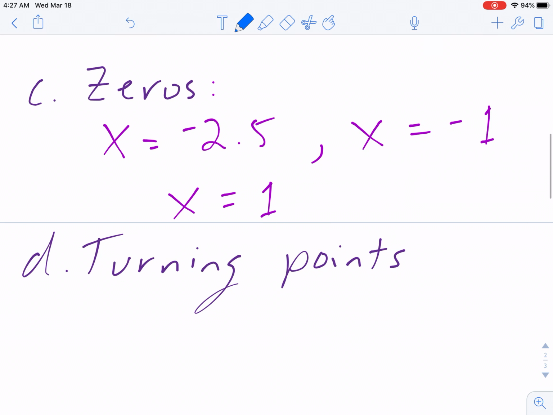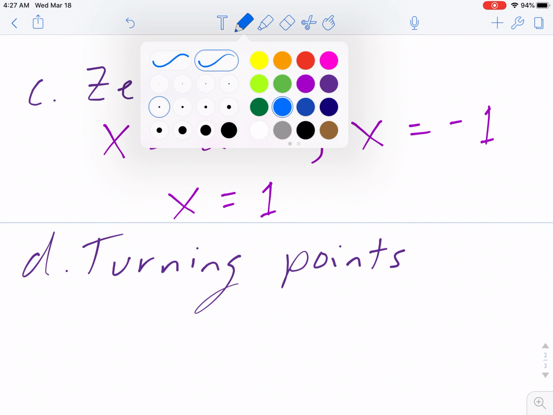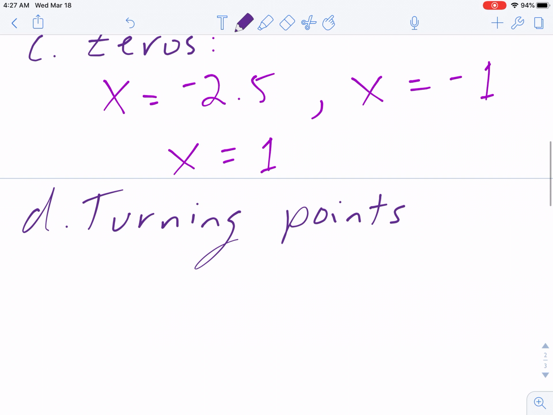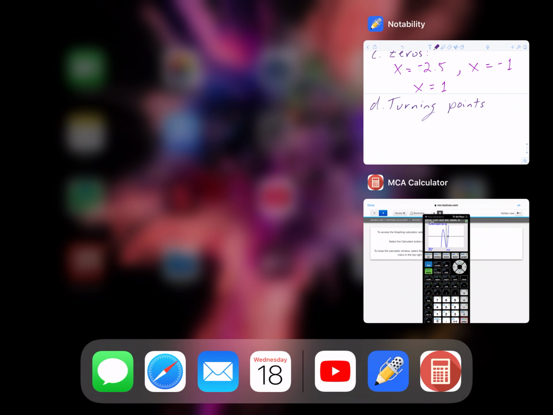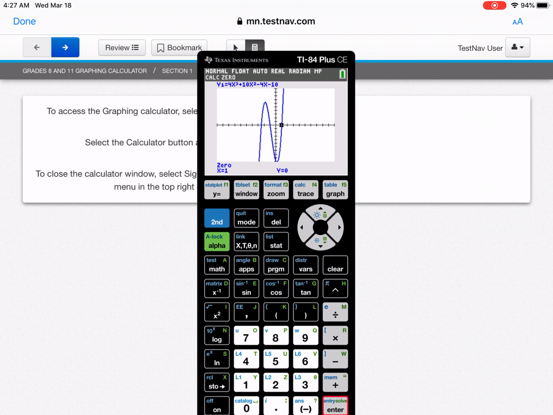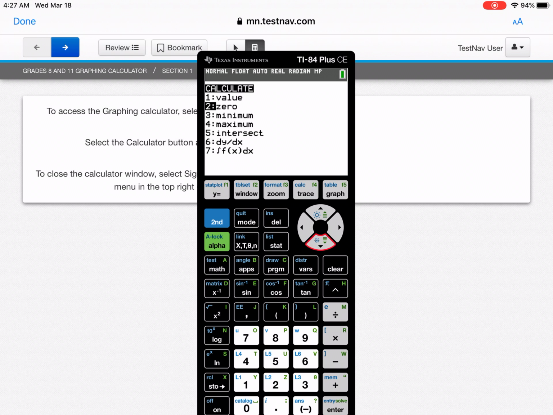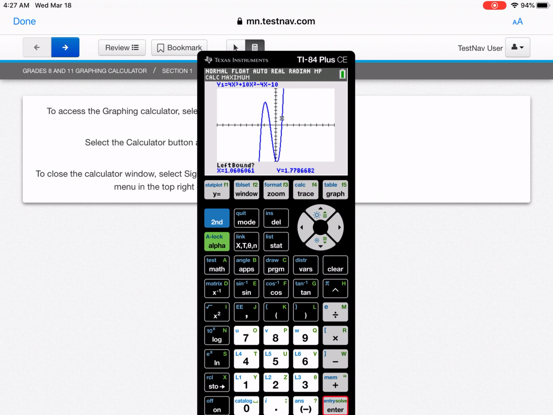The turning points for part D, that's back to the calculator. The turning points are going to be your max and min values. So we're going to go back to the calculator, and we're going to find the max and min values. So I like to go from left to right, so I'm going to do the max first. Again, we've done this before.